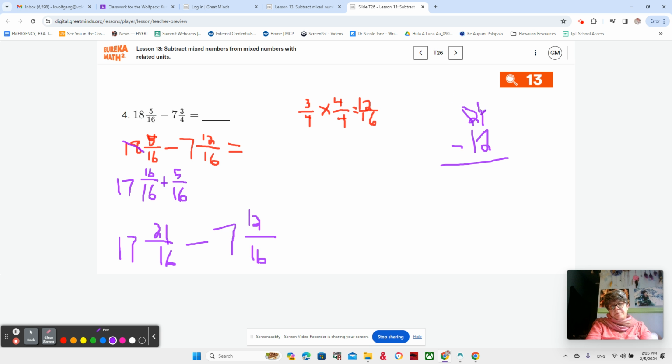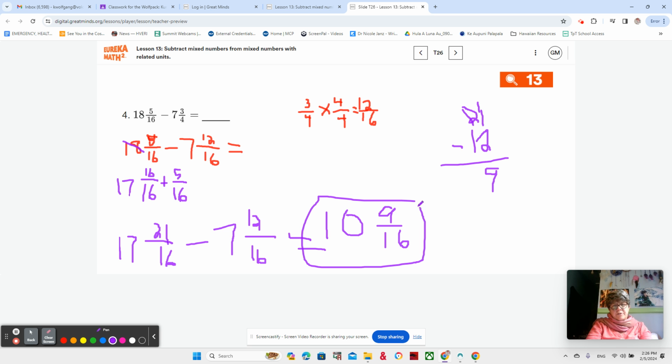So we borrow, make it an 11. 11 minus 2 is 9, and 1 minus 1, so just 9. Okay, so that would be 9/16, and 17 minus 7 is 10. Okay, so there's your answer.